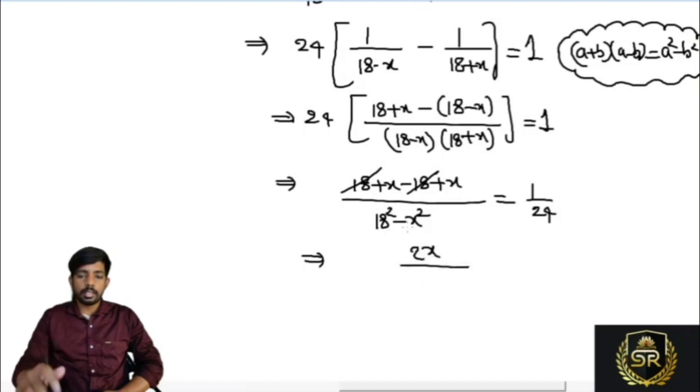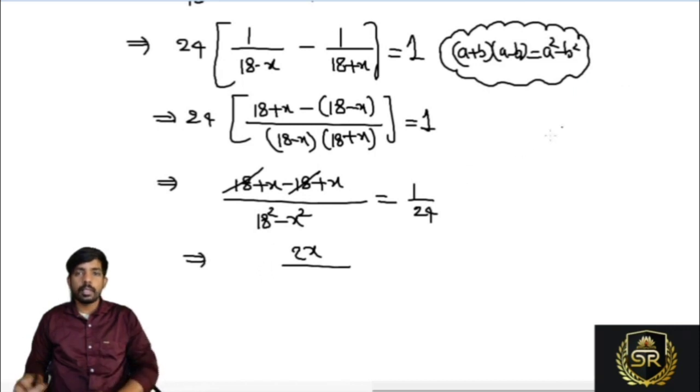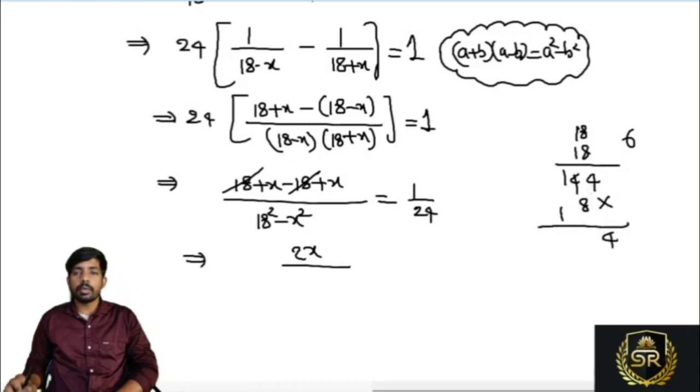18 square is how much? 8 8s are 64, 8 1s are 8 plus 6 is 14, and 1 8s are 8, 1 1s are 1, so this is 324. So 18 square is 324. Now 324 minus x square equals 1 by 24 with the 2x.